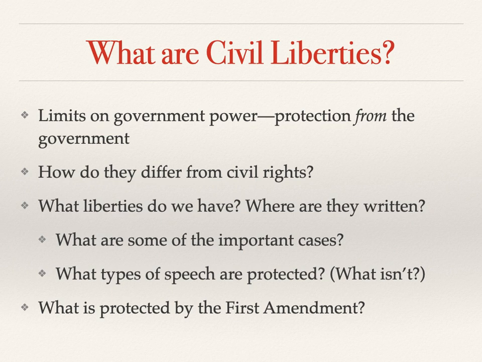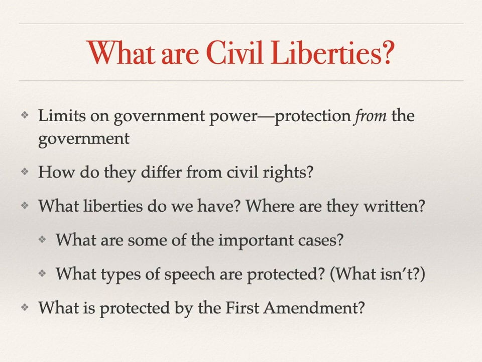The free exercise clause. We can exercise whatever religion we would like to exercise. The government can't prevent us from exercising our own religion. And the establishment clause, which means the government also cannot establish an official religion. So that freedom of religion has those two parts, right? Again, it protects us from government telling us what to worship or what we can't worship.